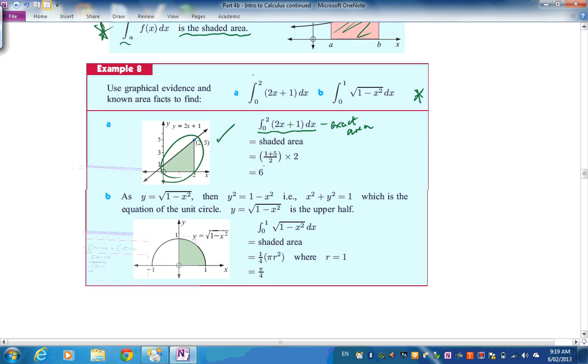Well, we've got 1 plus 5 on 2. What are they doing there? Here, 1 plus 5 on 2 times 2. Okay, so how has that been the area of that? That is the area of what? Do you know? A trapezium, is it? You might check that. We're using known area facts.